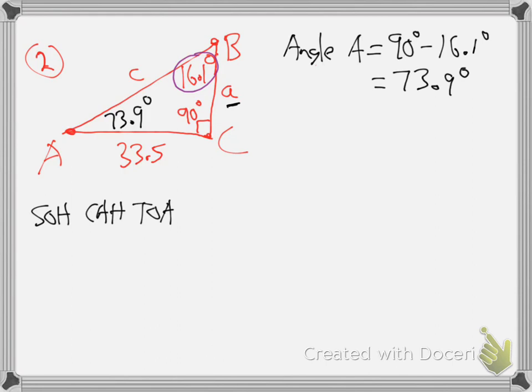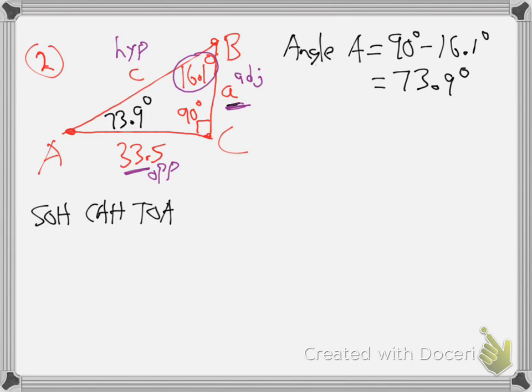Anyway, from his perspective, this side is next to him, so that's the adjacent. C is always the hypotenuse, and this is the opposite side. So I'm going to use the 16.1, but you could totally use the 73.9 degrees. It's not a rounded number, so it'd be just as good. So that means it would be the opposite and the adjacent that I need, right?